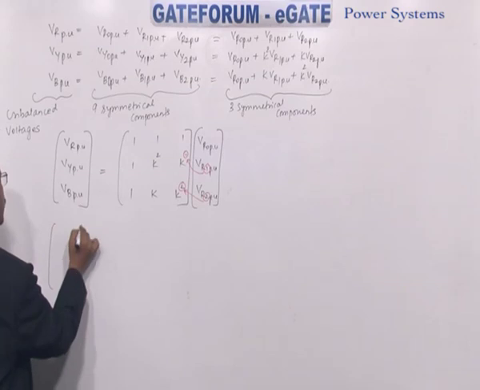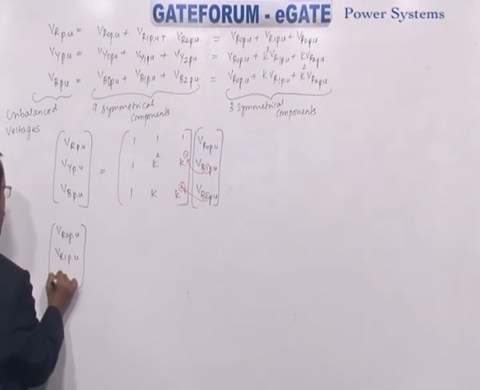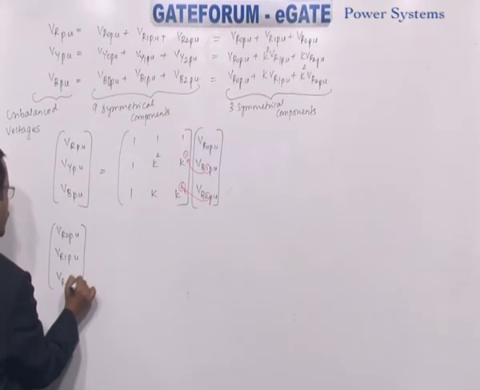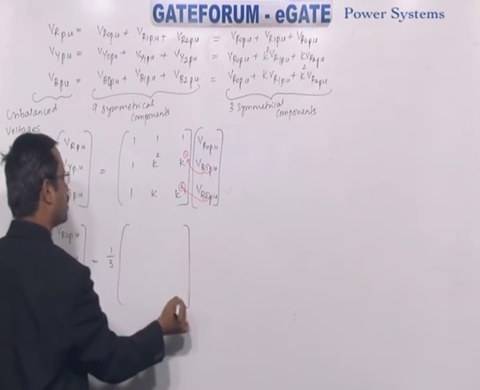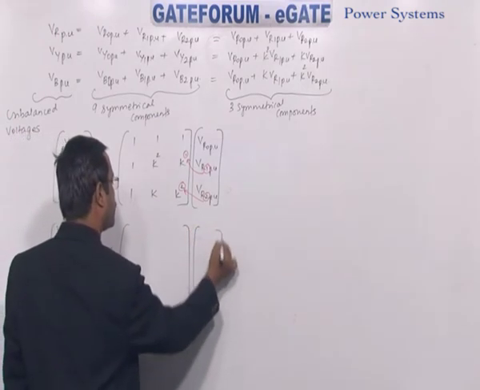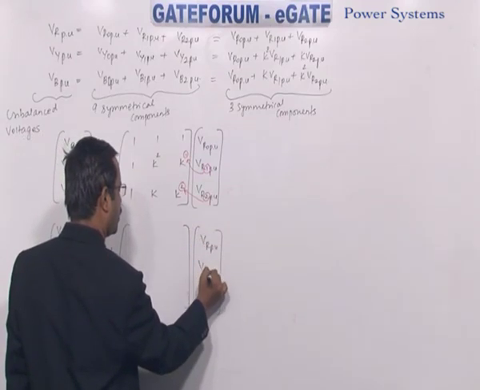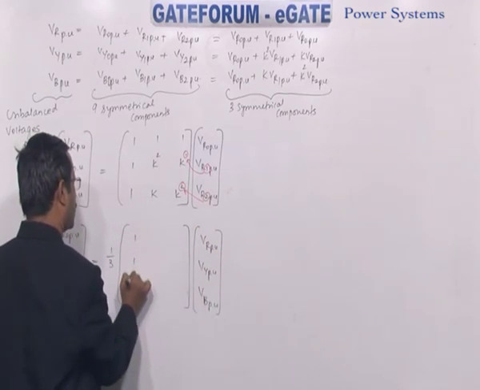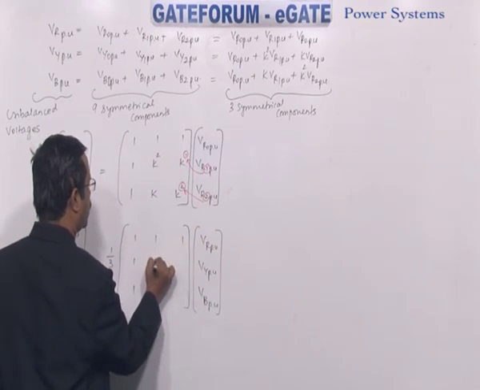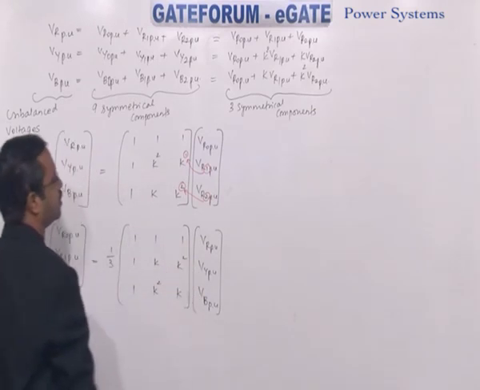Similarly, you can write the other way also. The sequence components VR0, VR1, VR2, how much? 1 by 3 times VR, Vy, Vb. First column 1, first row 1. Now interchange this K and K square.